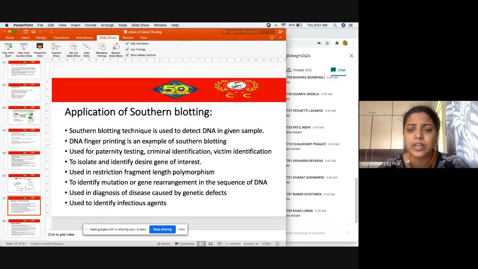The probes you use should be specific for these mutations or gene arrangements. If the probes bind, you can identify that this particular mutation is present in your genome. It is used in the diagnosis of diseases caused by genetic defects, again using specific probes for that particular defect. And lastly, you can also use it for identification of infectious agents.